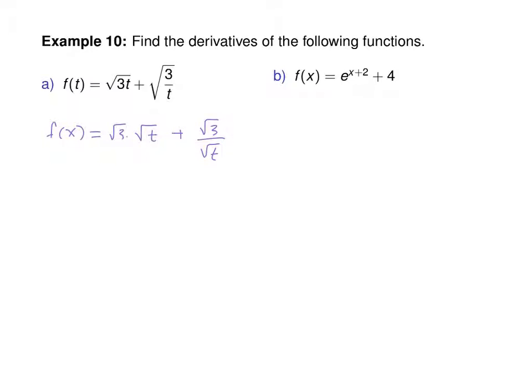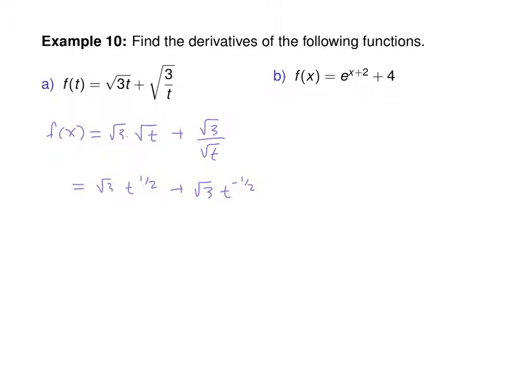Or in other words, it's the same thing as root 3 t to the 1/2 power plus root 3 t to the negative 1/2 power. And then root 3 is a constant, right? It's a weird constant, but it's a constant. You just factor it out. And a root will factor out because it's a multiplication inside of a root.